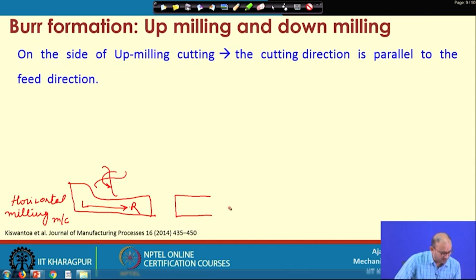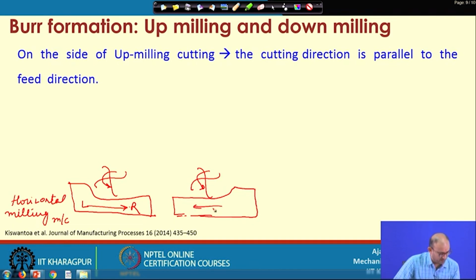Let me clear it first. So, again let us not change the direction of the cutter, but let us change the direction of the workpiece feed. So, this is the other diagram.